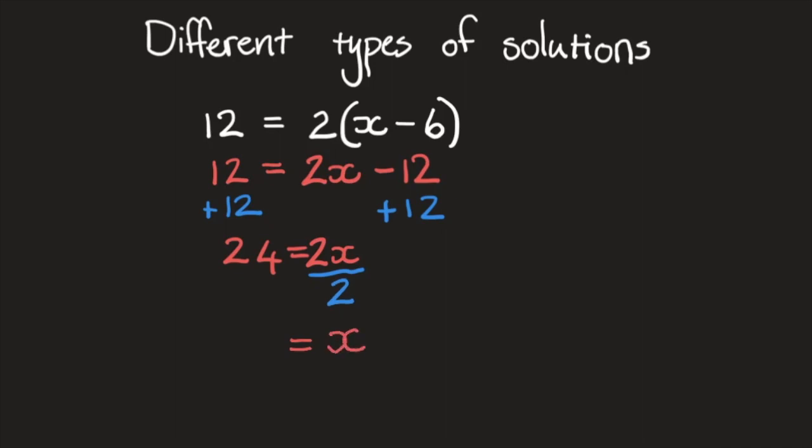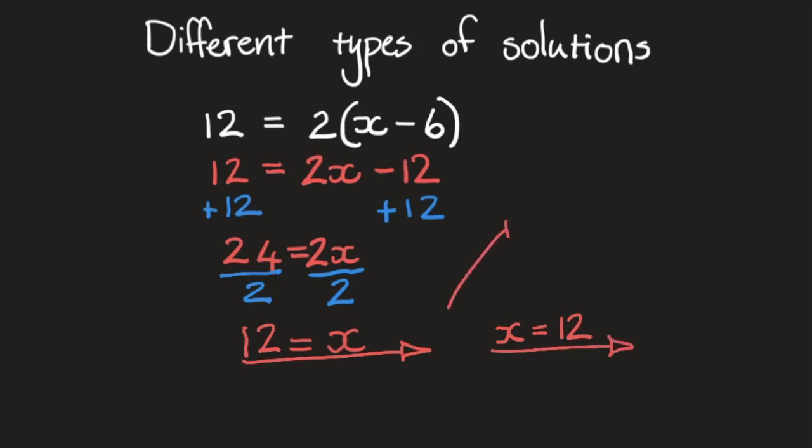But because it is an equation and that equal sign is sacred, however we've manipulated the right side, we then need to manipulate the left side as well in the same manner. So we're going to divide that side by 2, which gives us an answer of 12, and that means x has the value of 12. If you want, you can write it as x is equal to 12. If that makes you feel better, it's exactly the same thing.